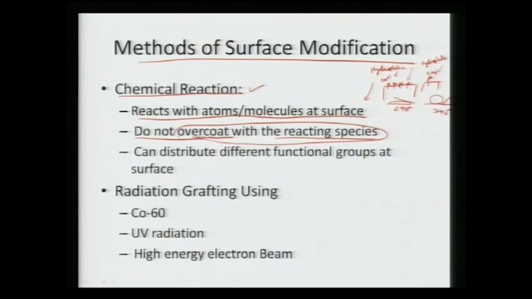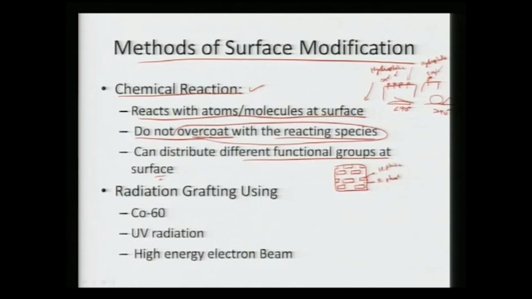Again, we can distribute different functional groups at surfaces. So, in some cases, if we want to have a surface which can take both hydrophilic as well as hydrophobic entities, we can impart functionality by introducing certain areas which will be specifically hydrophobic and other areas which will be specifically hydrophilic in nature. So, we can see these areas can be totally hydrophilic and other areas can be hydrophobic.